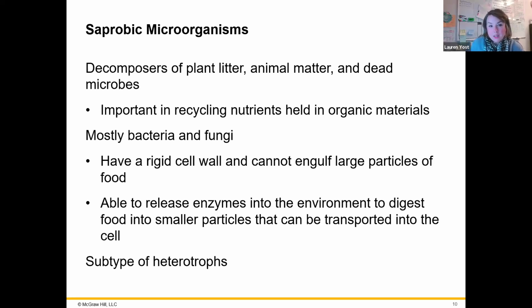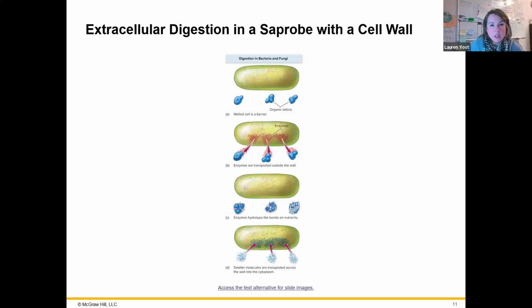And so they usually release enzymes into their environment. When they release those enzymes, exuding them into the environment, those enzymes will then break things down. So if we have organic debris, dead plant matter, leaves in your backyard or whatever it is, they can secrete enzymes, which is here in the red in this image, that basically break that down.